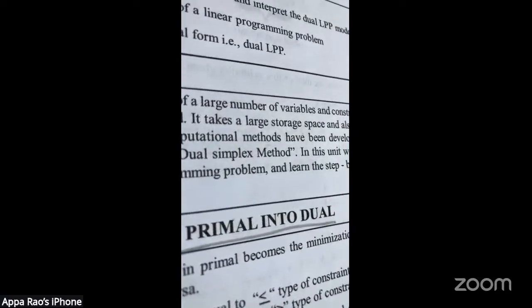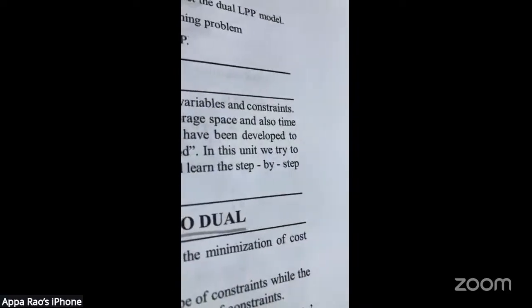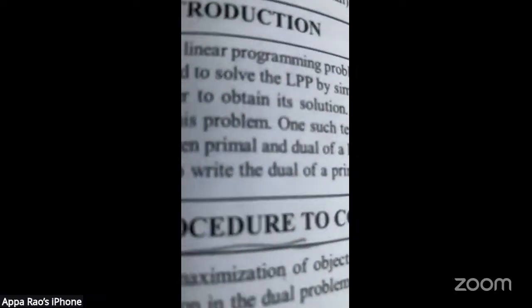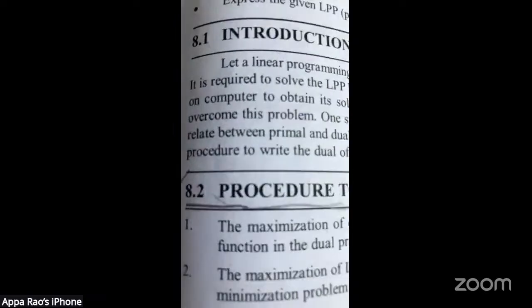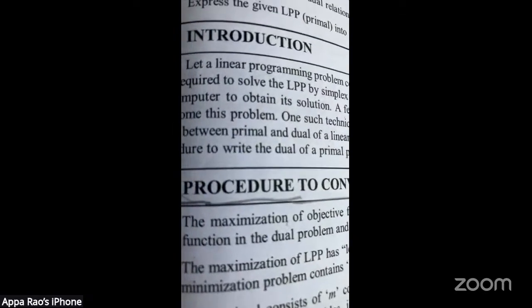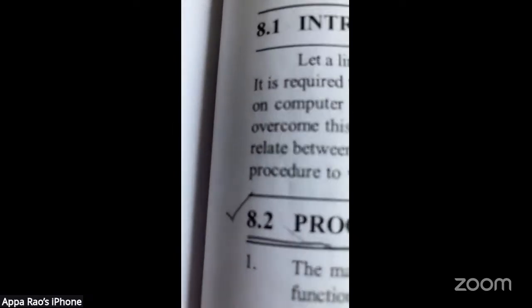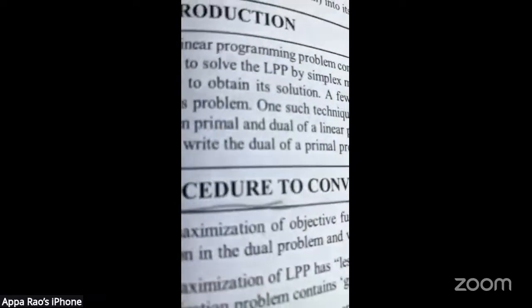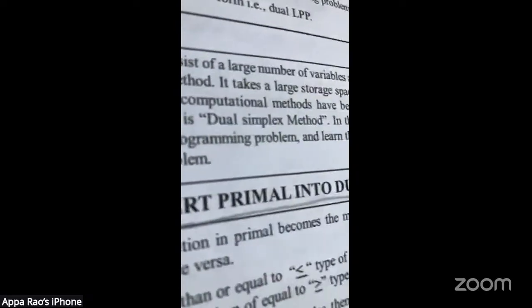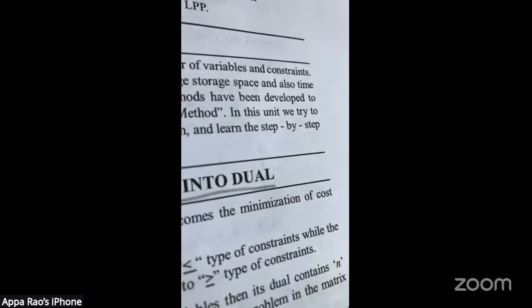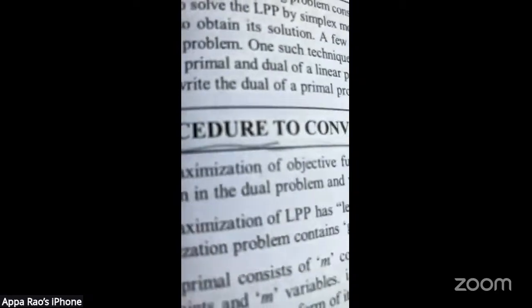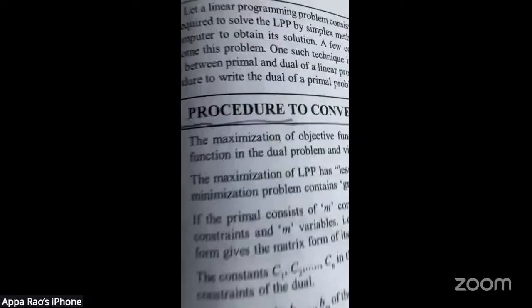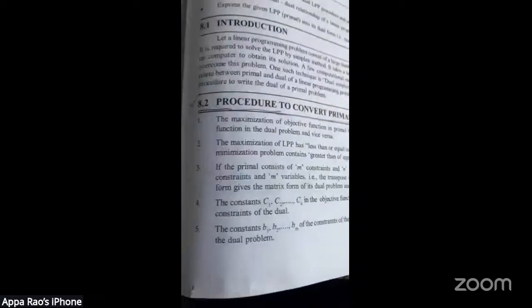A few computational methods have been developed to relate the primal and dual of a linear programming problem, and to learn the step-by-step procedure to write the dual of a primal problem. What is the step-by-step procedure? Already we discussed.